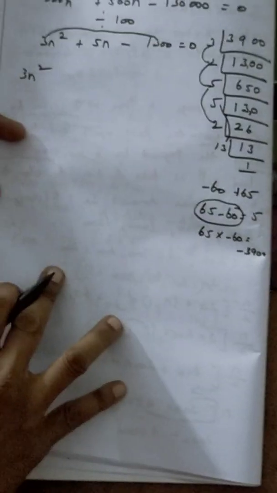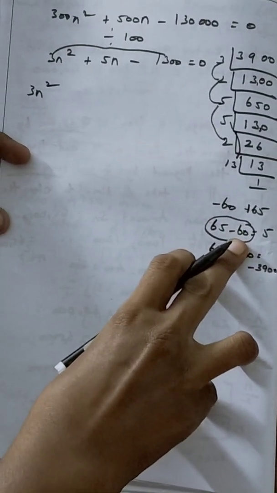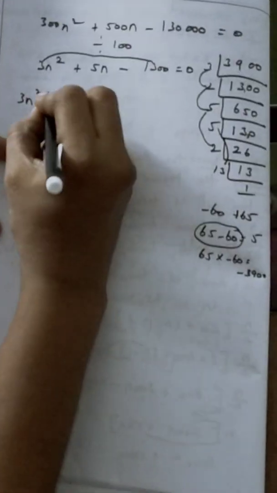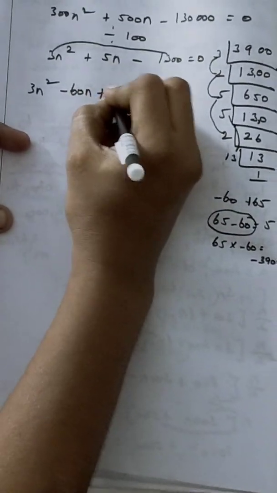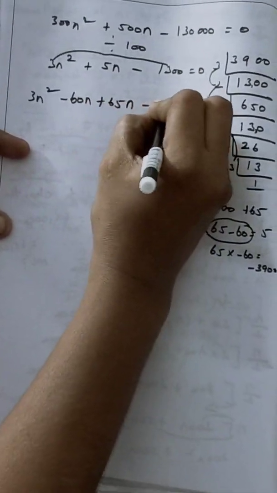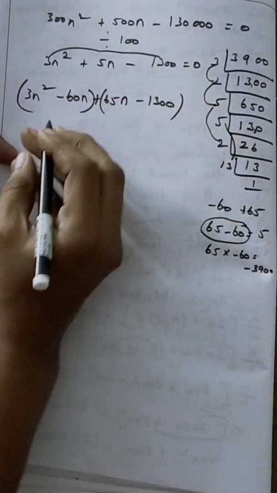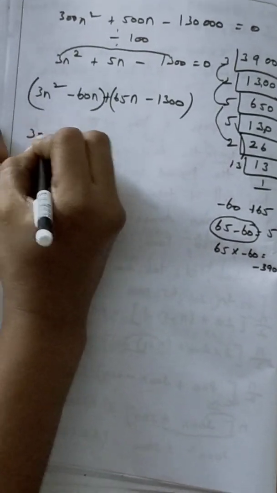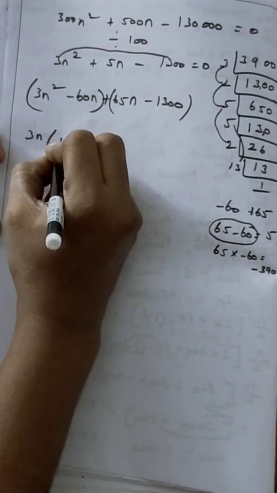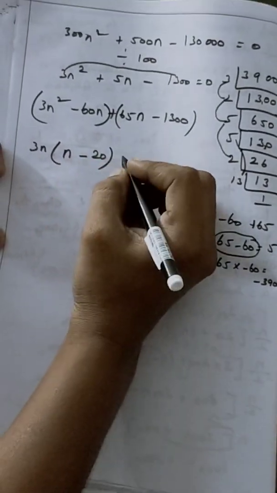So apply these two terms: 3n square, first, in the middle of the term, mention minus 60n plus 65n minus 1300. In these two terms, the common term is: both terms are multiplied by 3, 3 and then n is common. So mention the other remaining term: n minus 20 times, n minus 20.